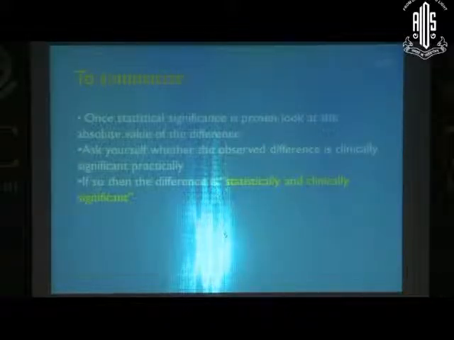So if you recruit 2,000 patients, 5,000 patients, even a reduction of IOP from 16 to 15 will give you a very, very small p-value, which will become statistically significant and which will be told to you that it's statistically significant, so you should change. But you should tell yourself, hang on, how much clinical difference has it made? If it has not made much clinical difference, then the statistical significance is spurious. It is not of much value.